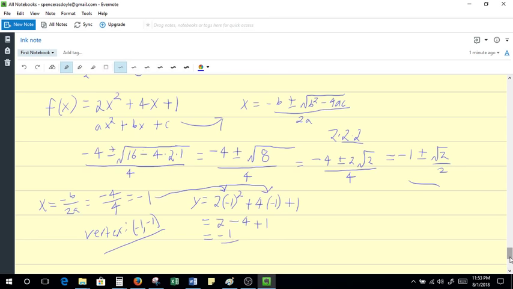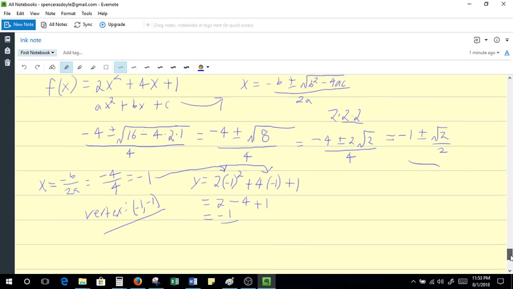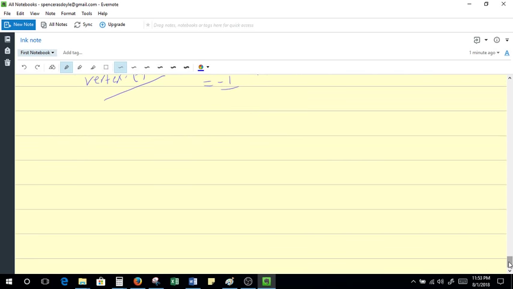Next, let's take a look at the vertex form. Let's get rid of some of this up here. Okay, so let's create an example. f of x equals 2 times (x minus 1) squared plus 2.